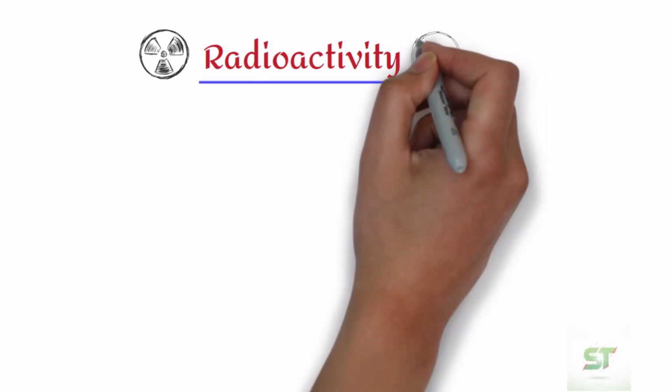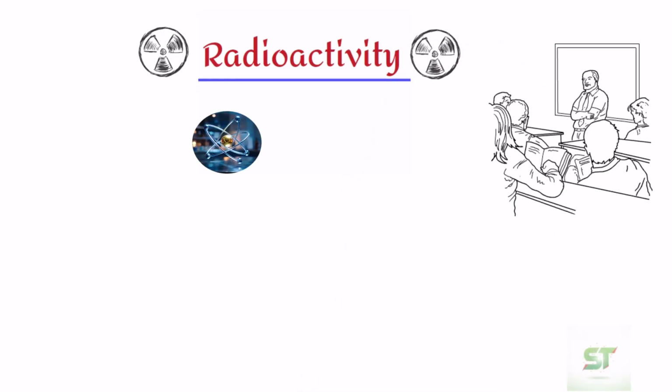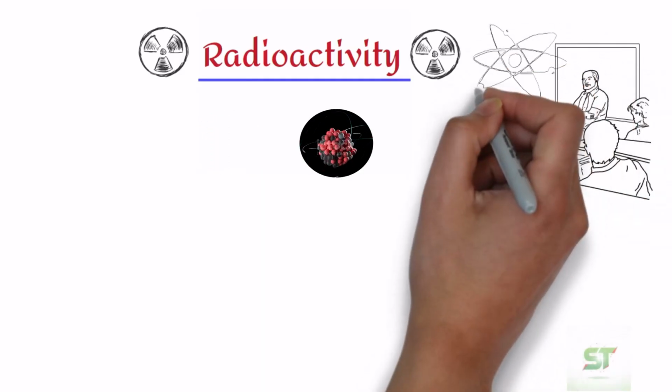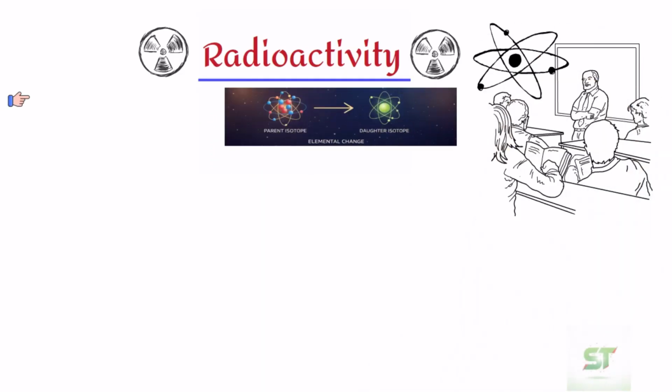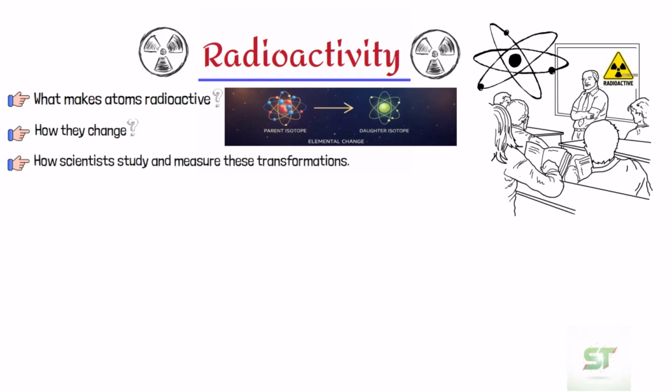Radioactivity. Have you ever wondered why some elements are stable while others decay and release energy? In this lesson, we will explore what makes atoms radioactive, how they change, and how scientists study and measure these transformations.